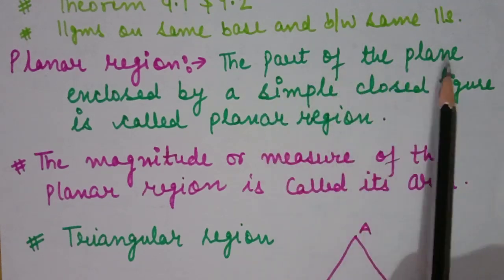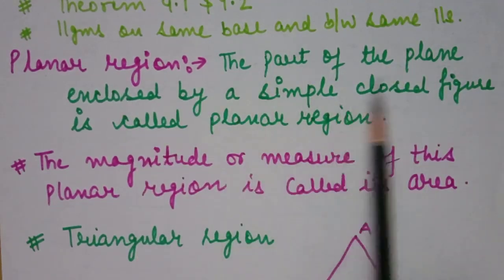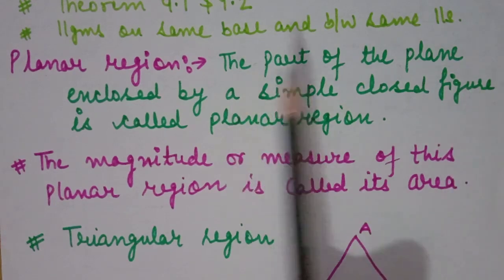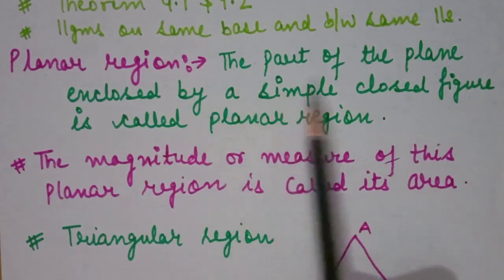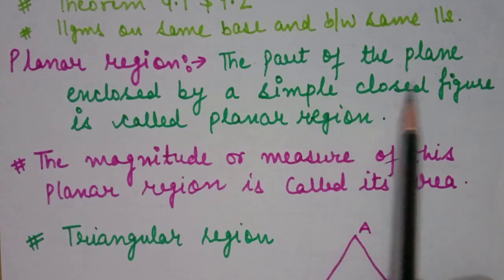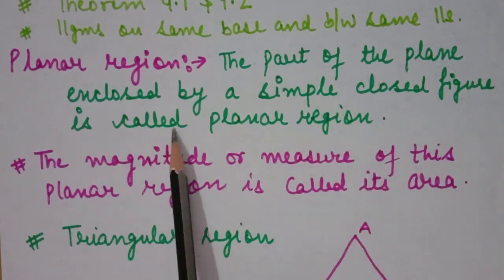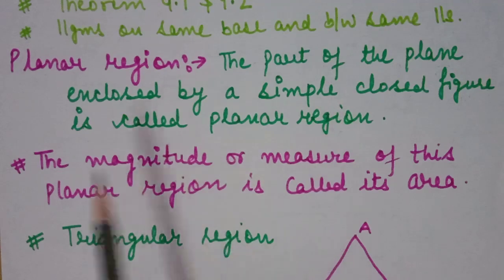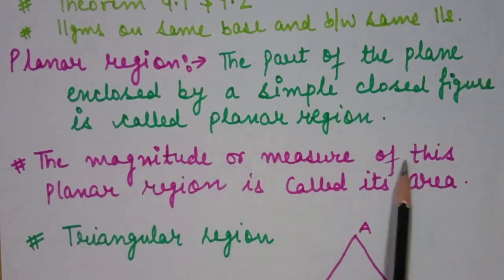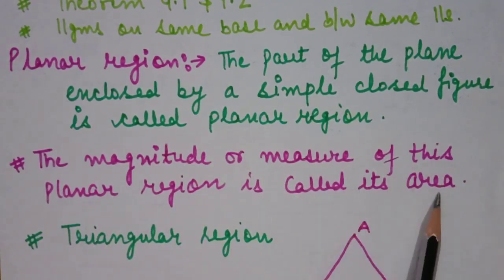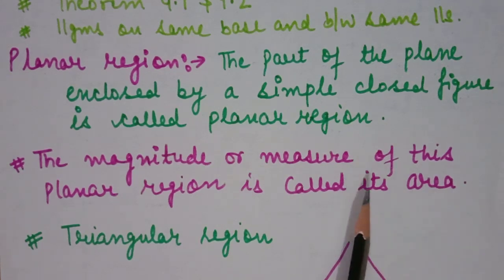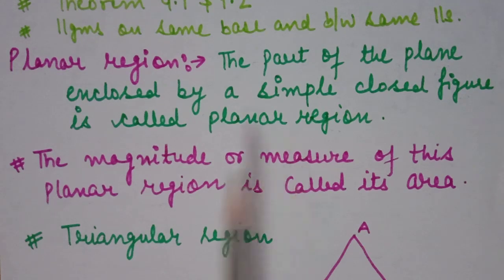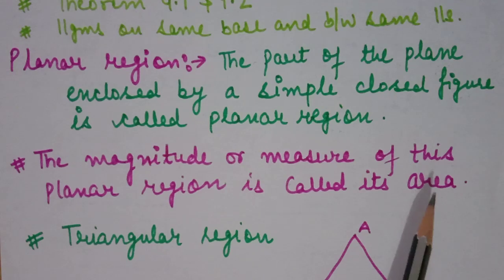So a part of the plane enclosed or covered by a simple closed figure is called a planar region. The magnitude or the measure of this planar region is called its area. Now we will discuss all the different types of regions.